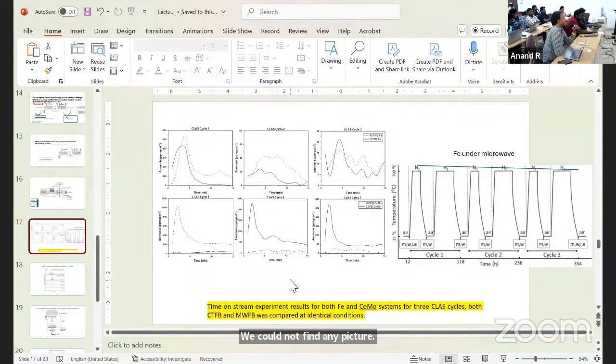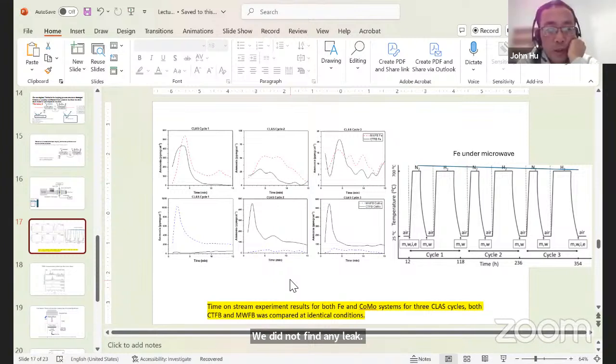As per yesterday and today's session, the peak is coming. So in that graph, we could not find any peak. Which graph, for the second cycle, can you not find a second peak?